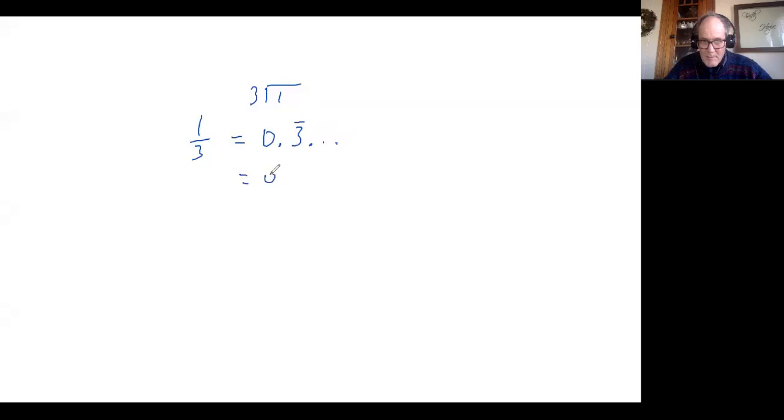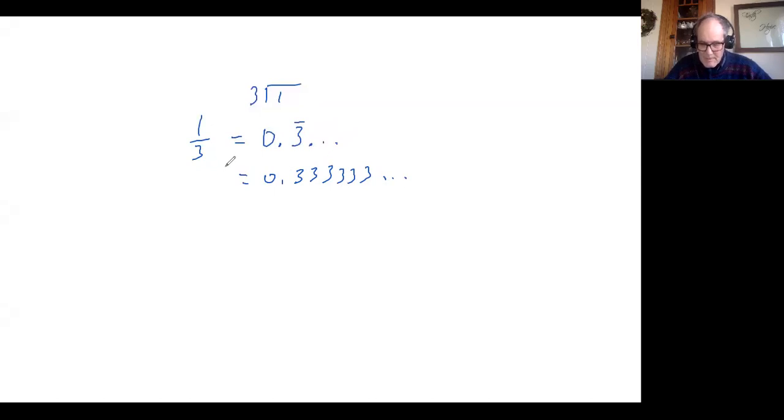So in other words, the threes just keep going and going. And his comment was, how do we know that the threes don't eventually add up to more than 1/3? How do we know that?